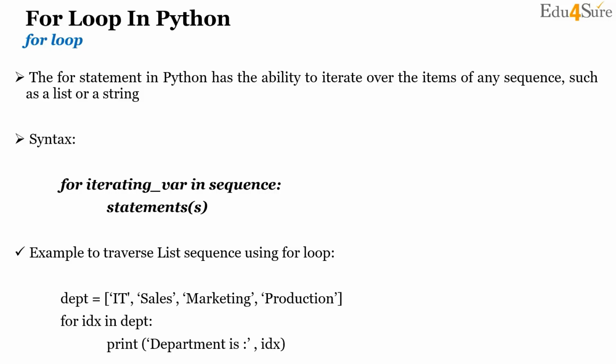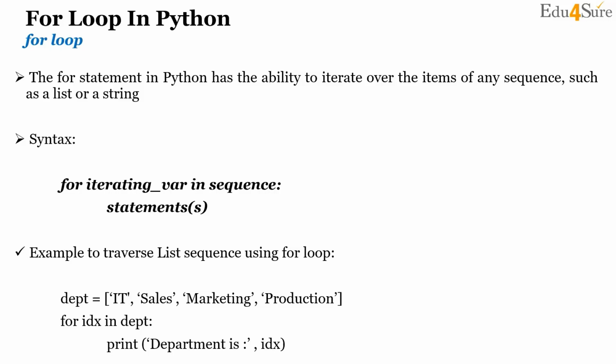So for idx in department is the entire syntax for the for loop, followed by a colon. Inside the body of the for loop, we have a print statement, "department is", comma, idx. So idx is going to iterate over each and every value of the department list, and eventually it is going to print each and every department's value.